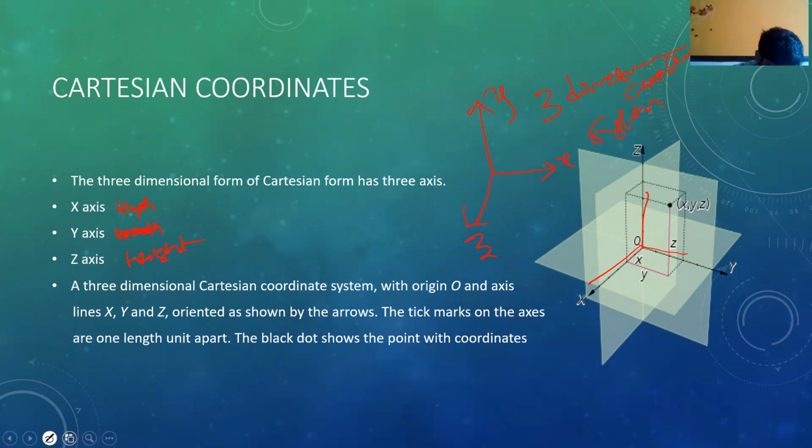Let us consider a point P in the given figure. This point P is at a distance of x from the point O, at a height of z, and at another length of y. These coordinates can be given as x, y, z from the origin.